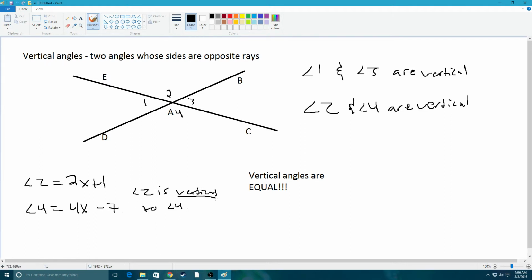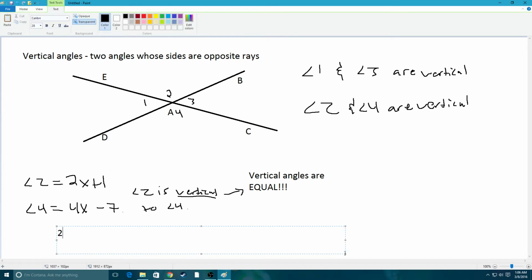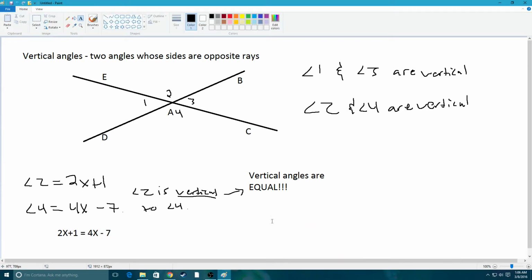So if they say vertical, you should be like, oh, vertical. That means equal. So you just set up your equation. You got 2x plus 1 is equal to 4x minus 7. And then we just solve it out and we're all happy and we're good to go. So just be aware that's how you set it up.